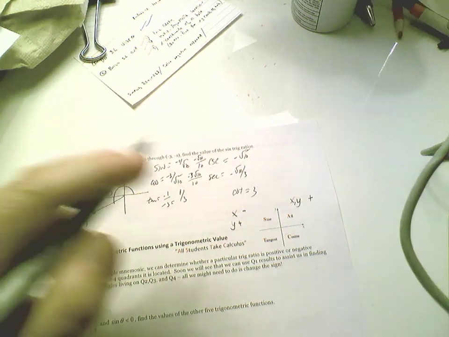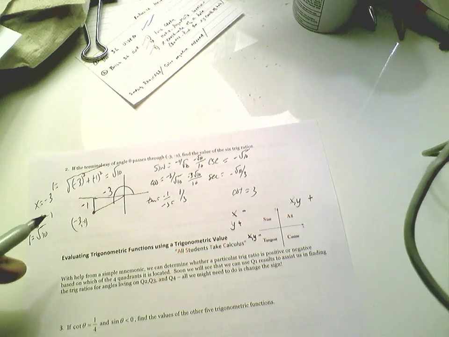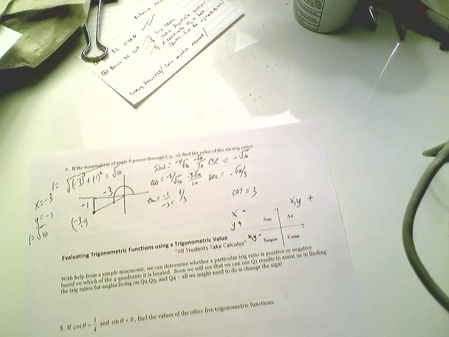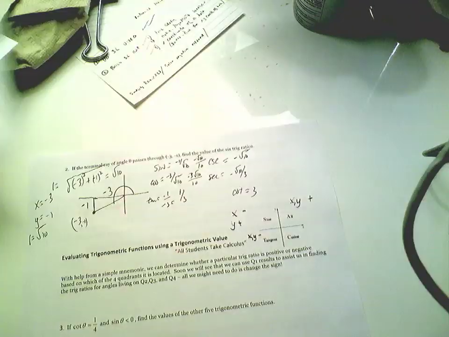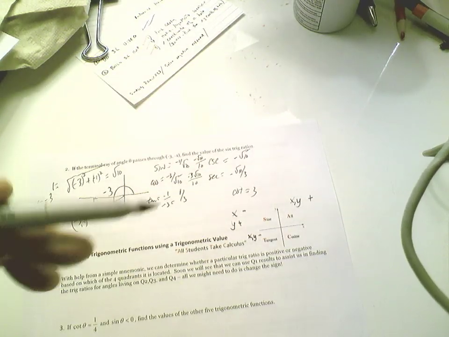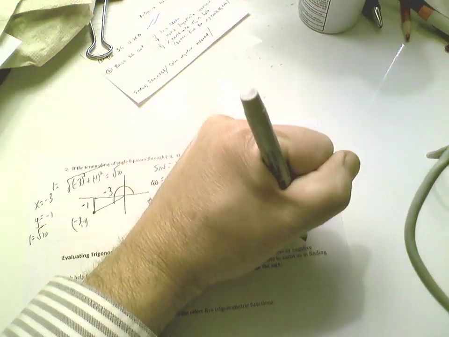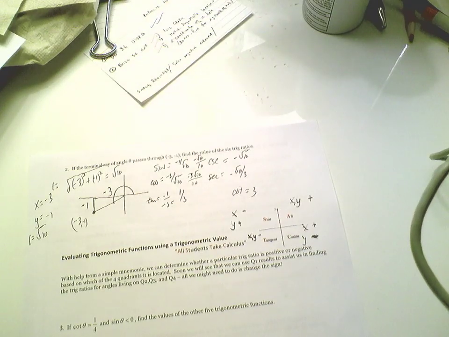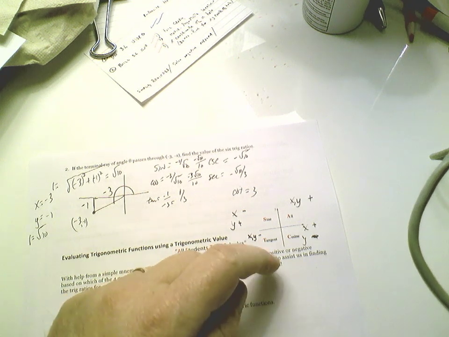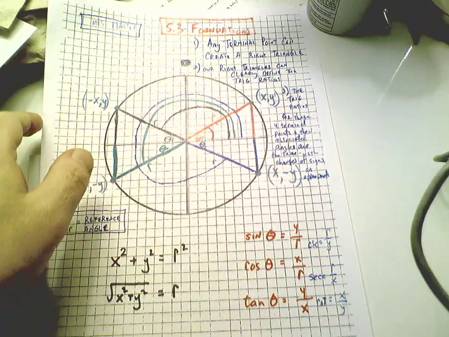In quadrant 3, x and y are both negative, and of the big three, only y over x is going to produce a positive number. In quadrant 4, x is positive, y is negative. Your cosine, which is associated with the x coordinate, is going to be positive, but your sine and tangent will be negative.